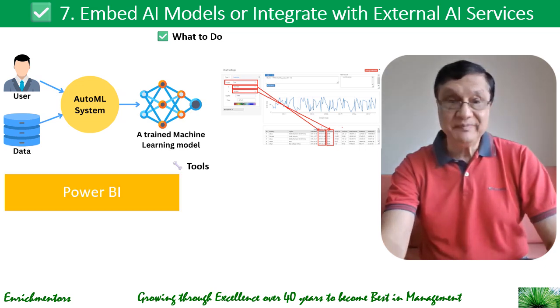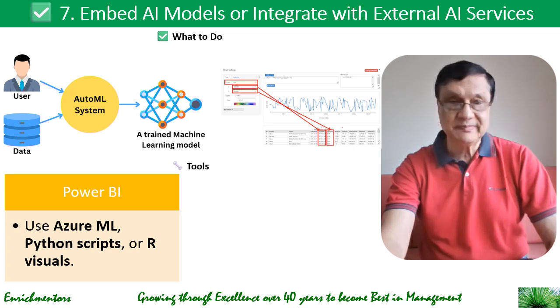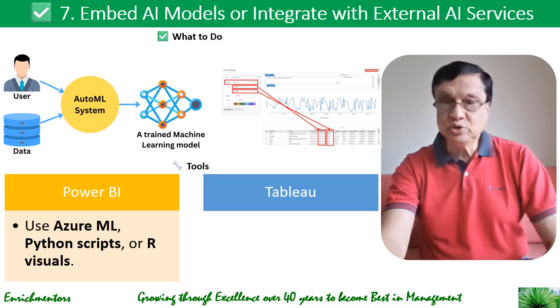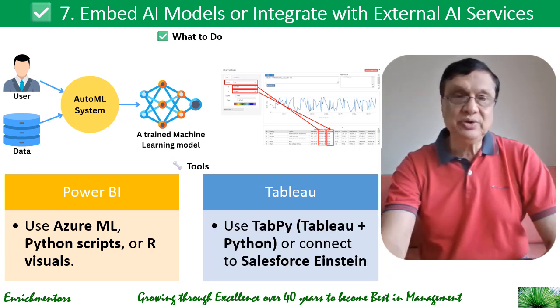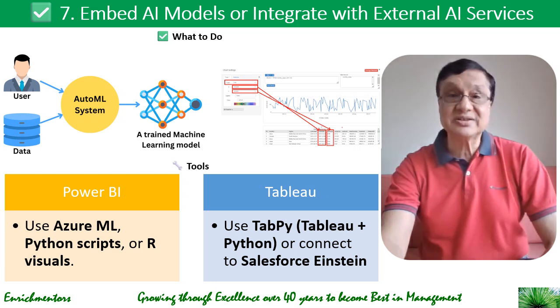In Power BI, you can use Azure ML, Python scripts, or R visuals. And in Tableau, you can use Tableau plus Python, or connect to Salesforce Einstein if you're using CRM data. So that's how you can embed AI models or integrate with external AI services. Right.